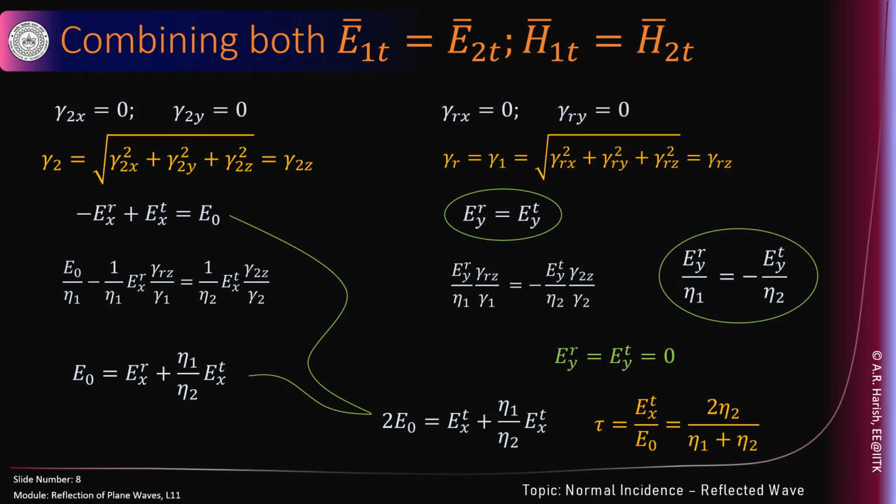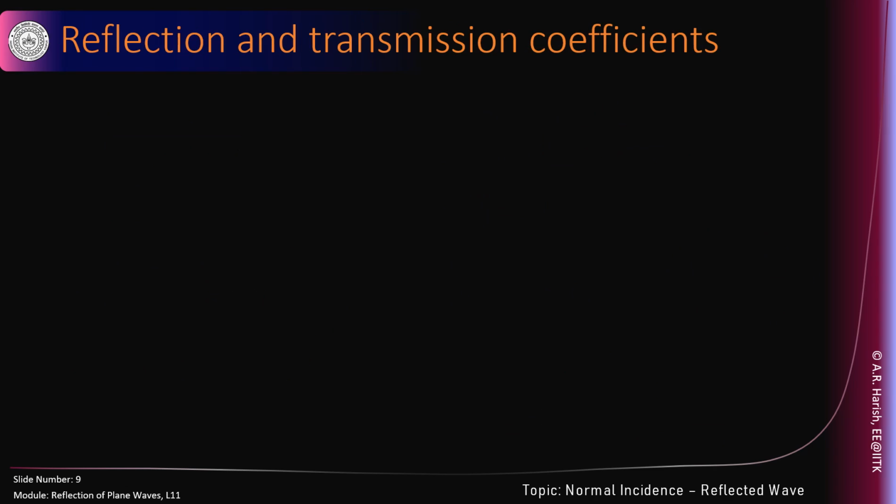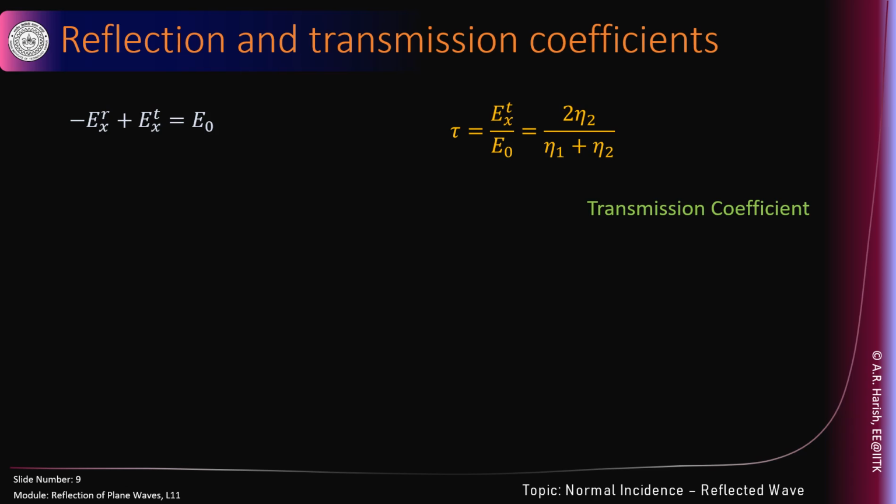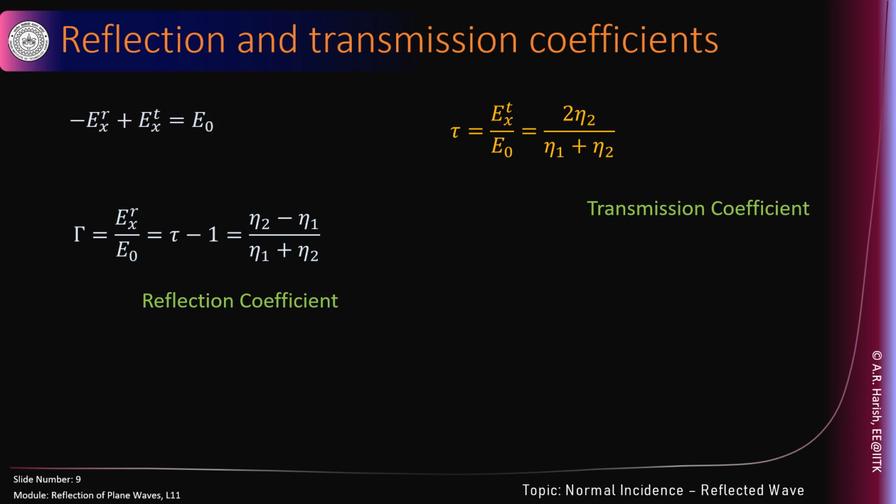Once I know ETX upon E naught, or tau, then I can also find out what's known as the reflection coefficient. So let's take this first equation and the equation for tau, and you can define the reflection coefficient gamma as ERX upon E naught, which is equal to tau minus 1.